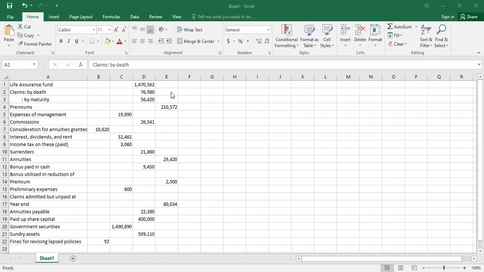Most importantly, I always advise students that the question is best commenced by setting out a trial balance, even if it was not part of the solution required. We know what a trial balance is.